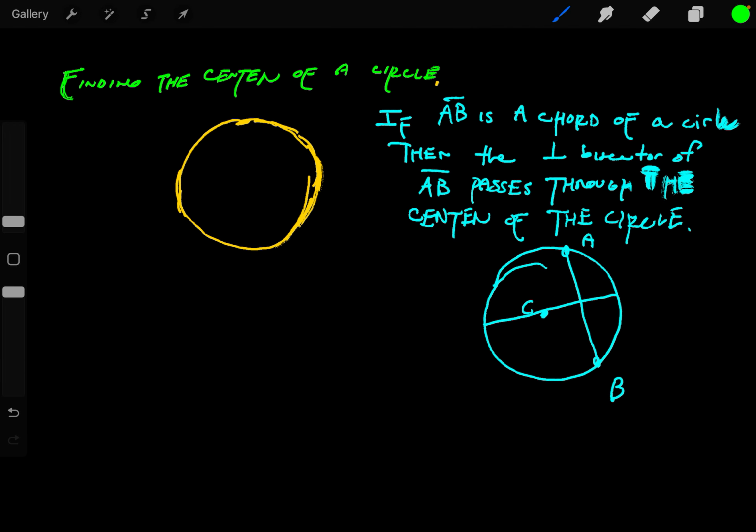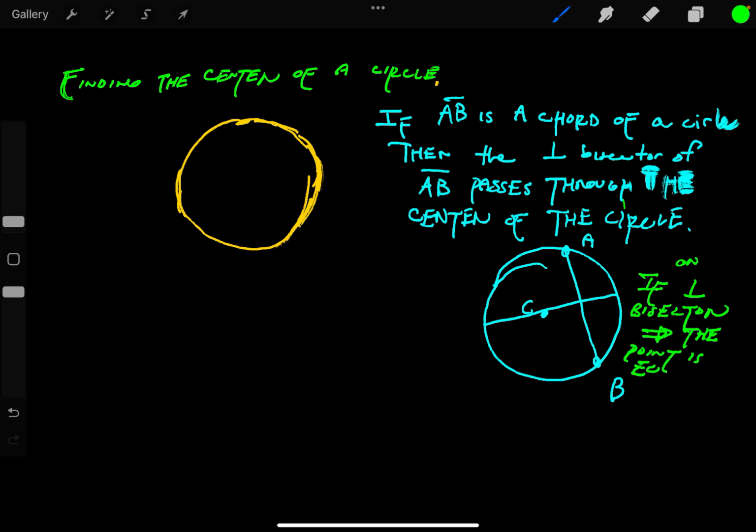The way we prove this is we remember another theorem, which says that if a point is on the perpendicular bisector, then the point is equidistant from the endpoints.